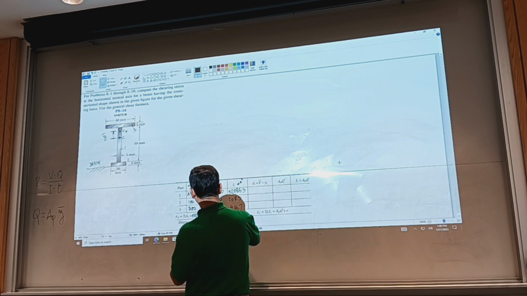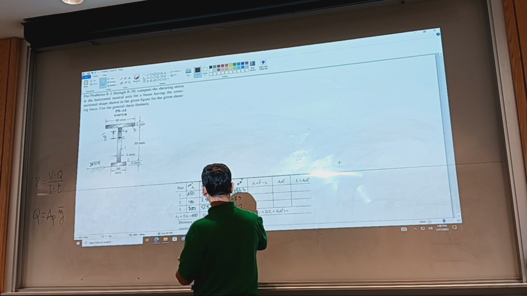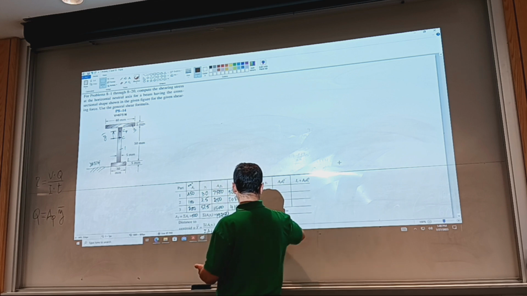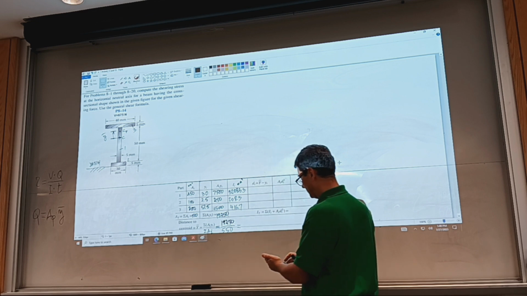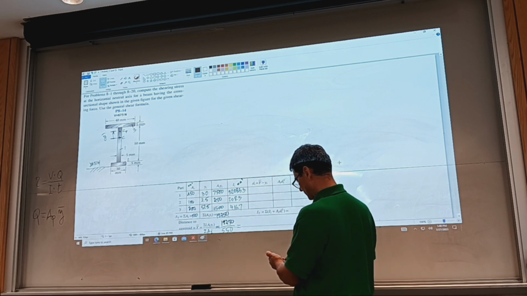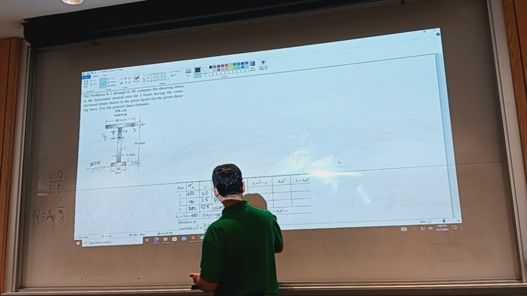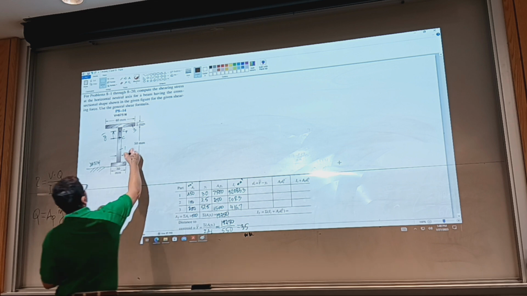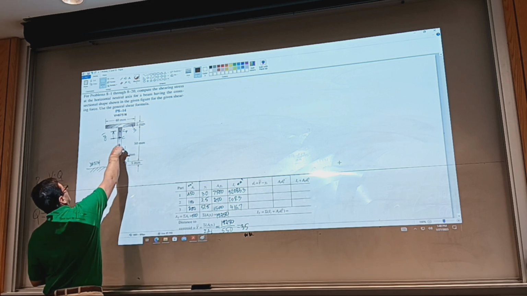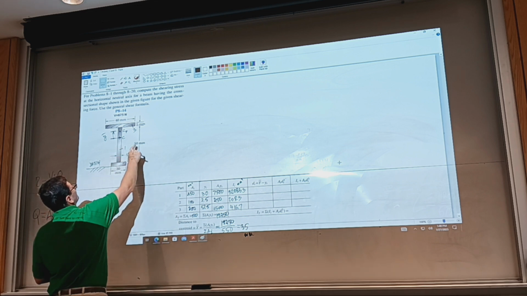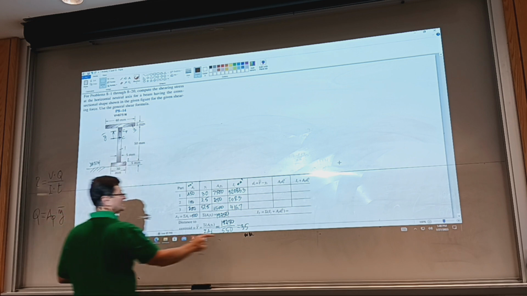This is 19250 over the correct sum of areas, 550. And it's 35. It's a better value because it goes above 30, so it's bigger.